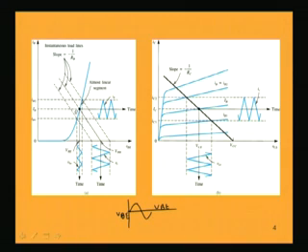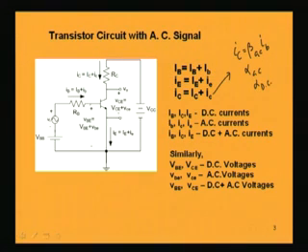So, if we consider the DC load line, without application of the input signal, the load line will be like this. That means, here VBB will be the maximum value of the voltage available across the base to emitter junction.